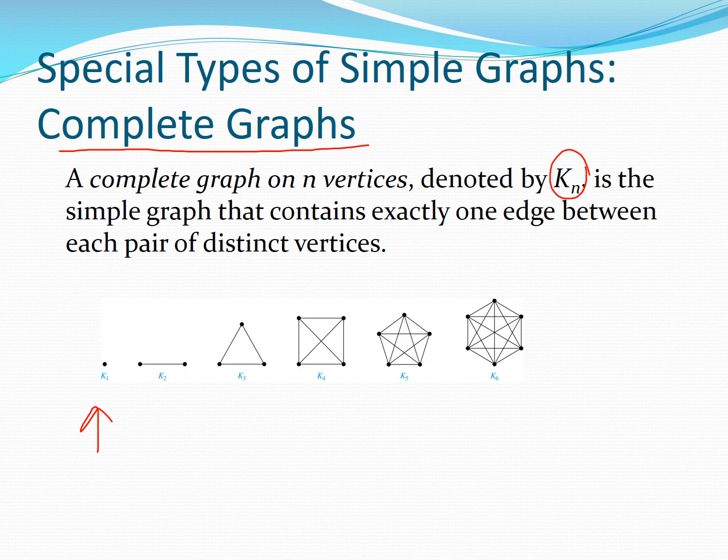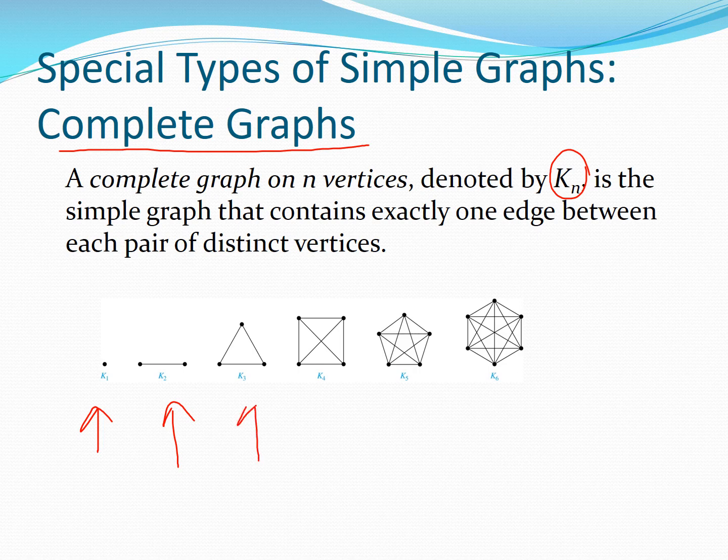Since it's just one vertex, you don't have to have an edge connecting to itself. Now let's look at K2, which is a complete graph with two vertices. There has to be an edge from a given vertex to every other vertex. There's only one other vertex, so there will be one edge in this graph.